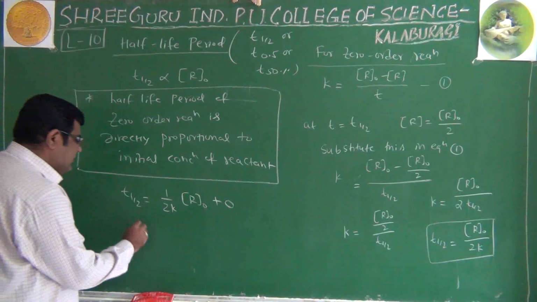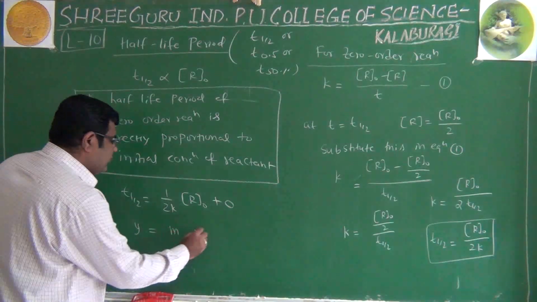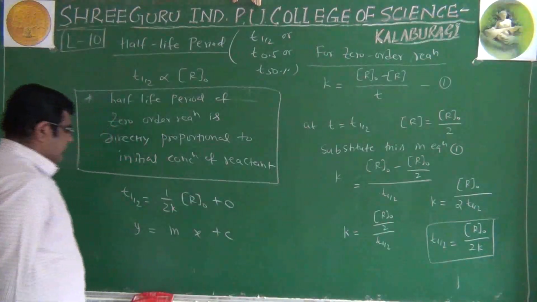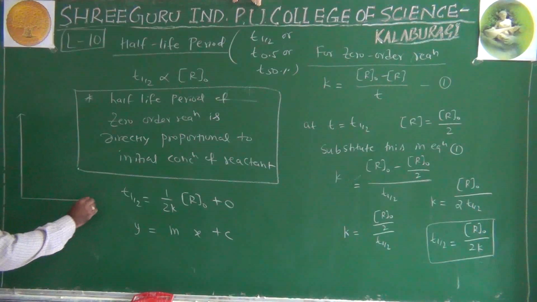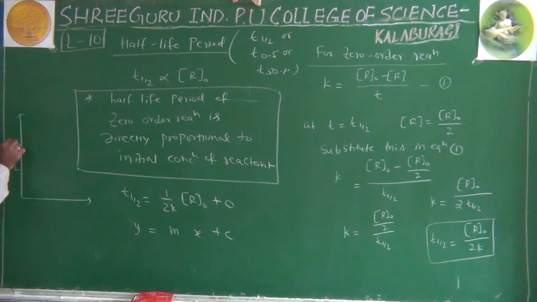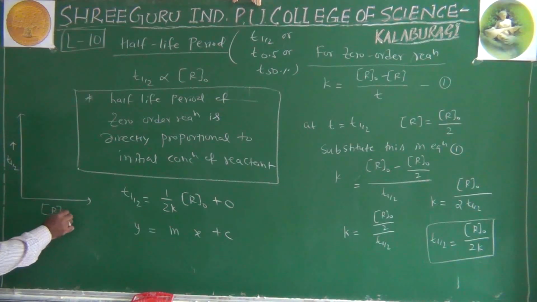Now T half is equal to 1 by 2K times R0, plus nothing, meaning plus 0, and we can write this as y equals mx plus c once again. So we can plot a graph between half-life period on the y-axis and initial molar concentration of the reactant on the x-axis.